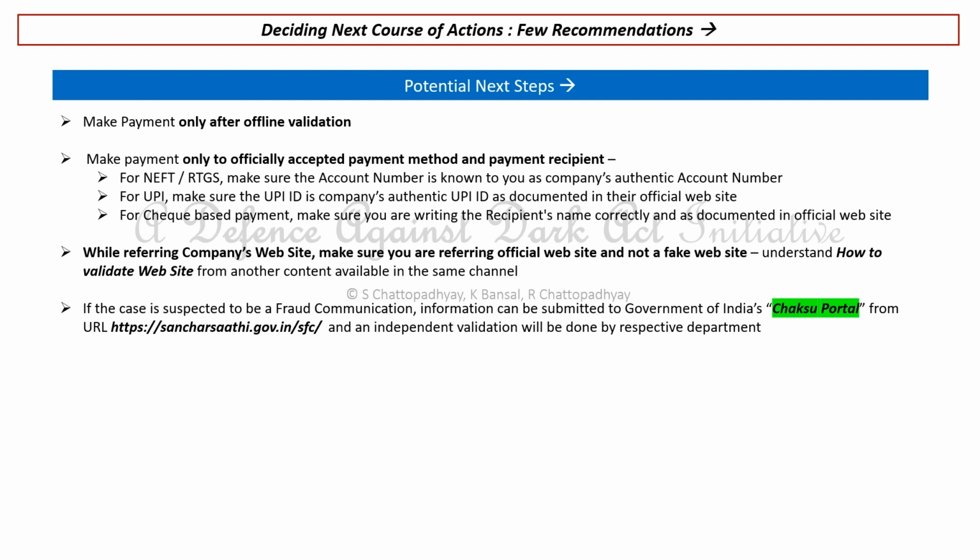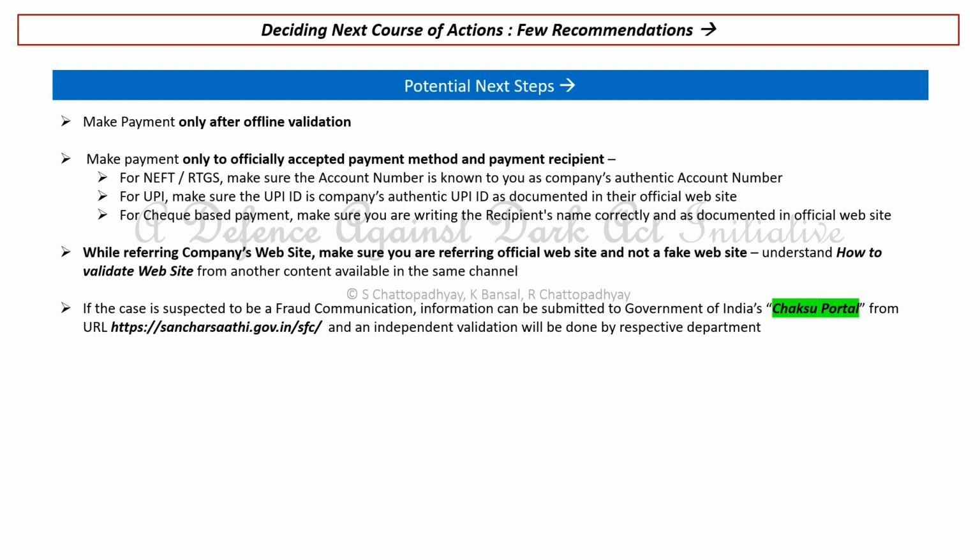And if you're not sure whether the company's website is accurate or not, or you don't know how to validate a company's website, you can take a look at one of the other content published in the same series here, which talks about how to validate a website.